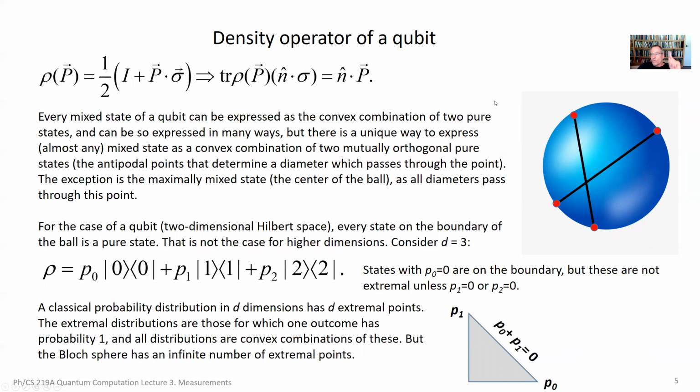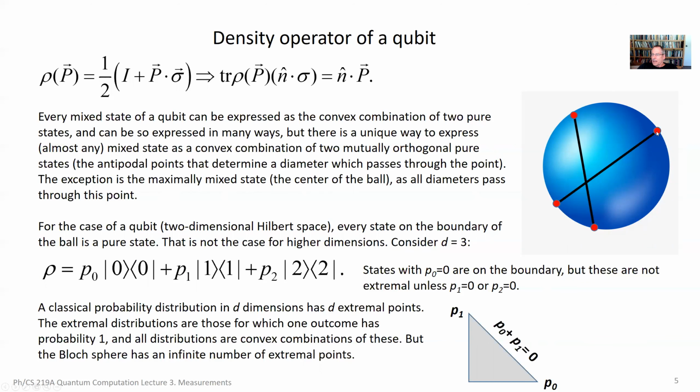Now, with the exception of the maximally mixed state, that's when the polarization is equal to 0. The density operator is just 1/2 the identity, and that's the point at the origin of the sphere. If I want to express the density operator as a convex combination of two mutually orthogonal pure states, there's a unique way of doing that. Because the pure states which are mutually orthogonal are the antipodal points on the sphere.